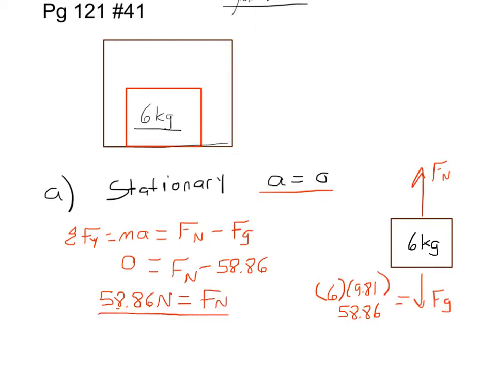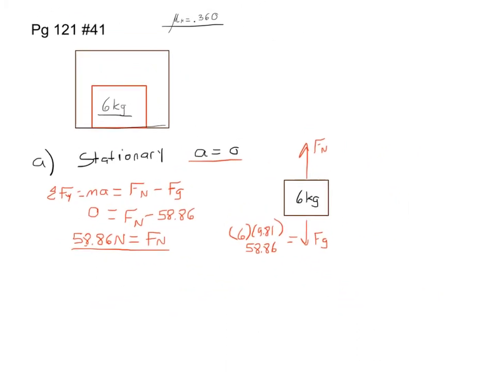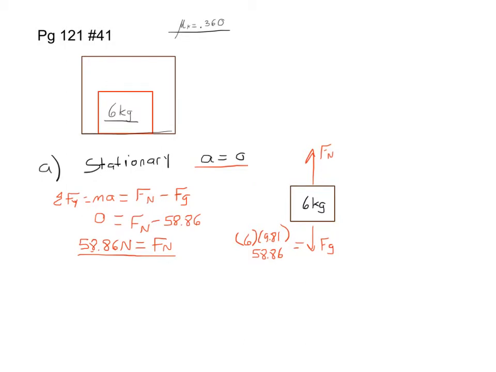Now, why do we need our normal force? The reason is because the equation for friction, which is what we're trying to find in this case, is that the force of friction is equal to the coefficient, which is the kinetic because it's moving, times the normal force.